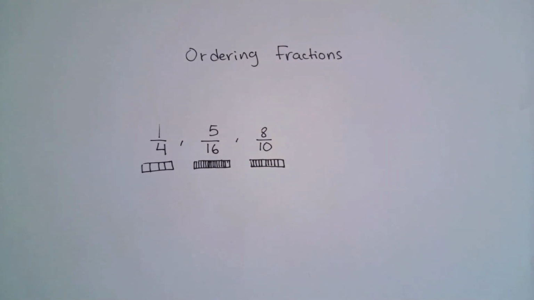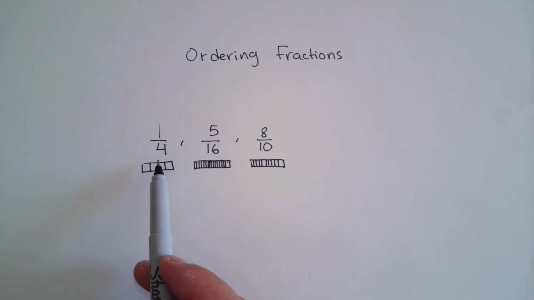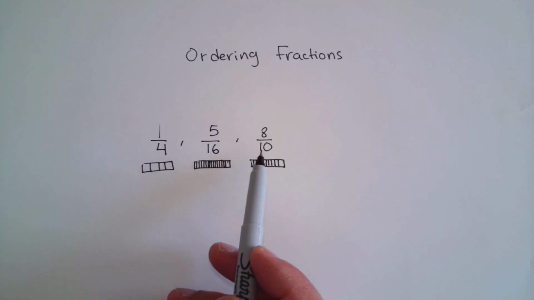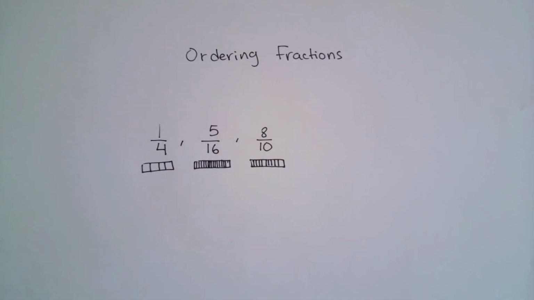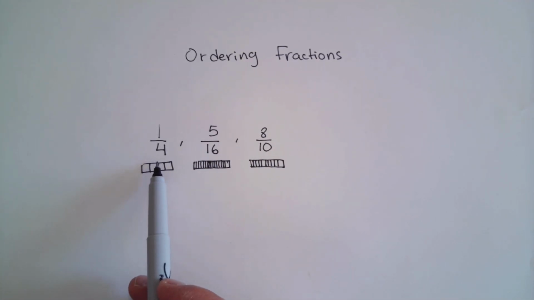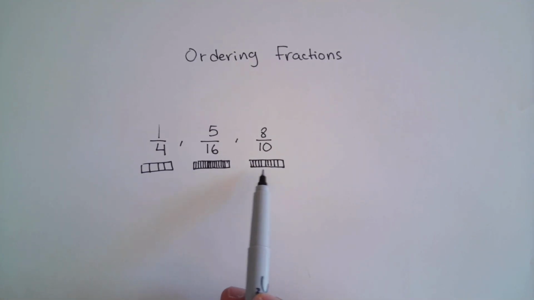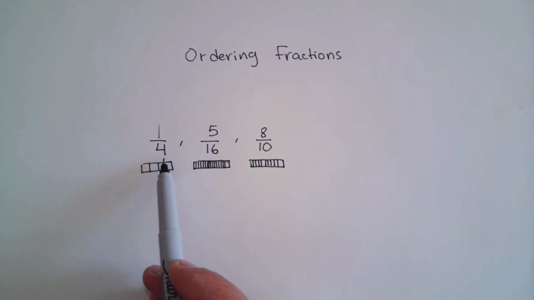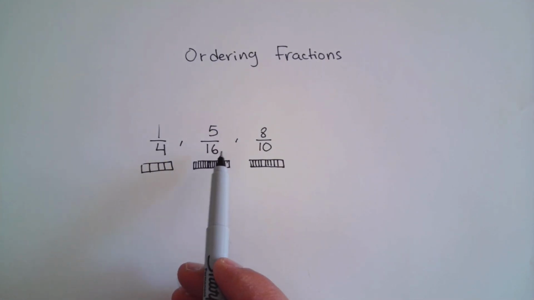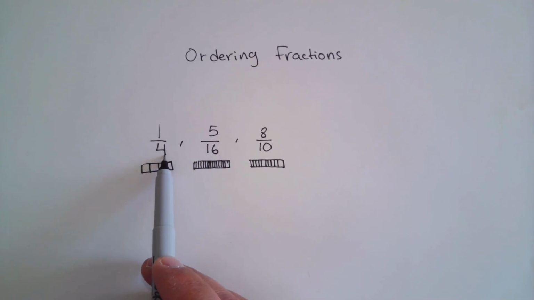Okay? If we want to compare these fractions, we have to have the same partition. Looking at 4, 16, and 10, 4 is the simpler partition because it's made of 4 parts. 16 and 10 are made of many more parts to make up a whole. So let's look at 4. Can I get 16 out of 4?